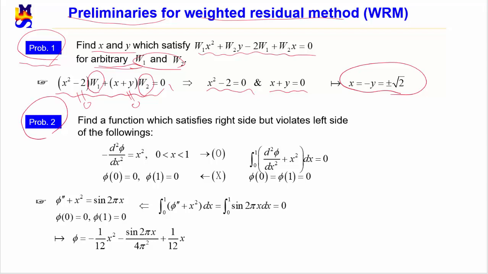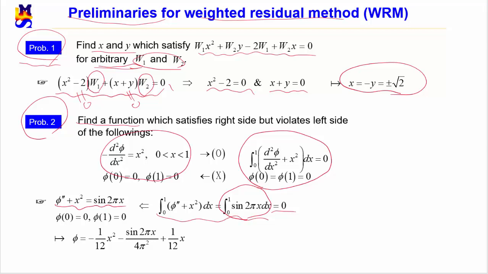Now, let's go to the second problem, which asks us to find the function out of many cases which satisfy this integration equation but violates this boundary value problem. Because the integral from 0 to 1 of sine 2 pi x is 0, the differential equation pi double prime plus x squared equals sine 2 pi x satisfies the right integral equation.